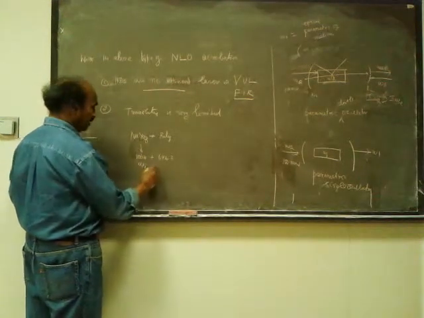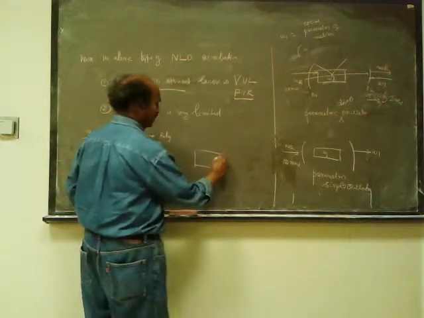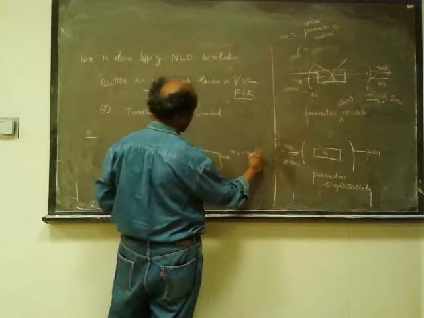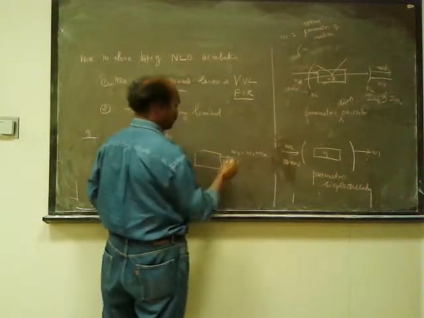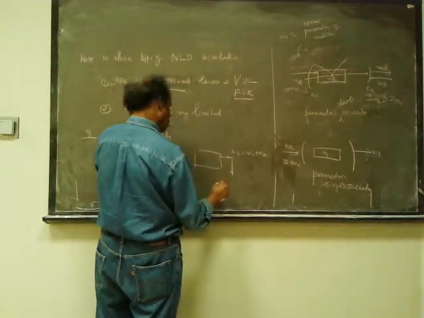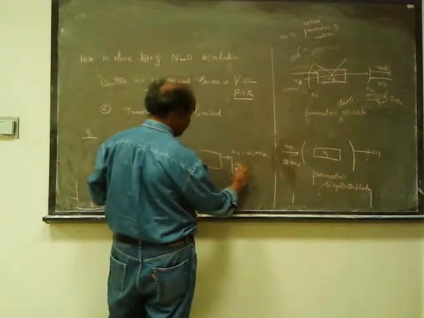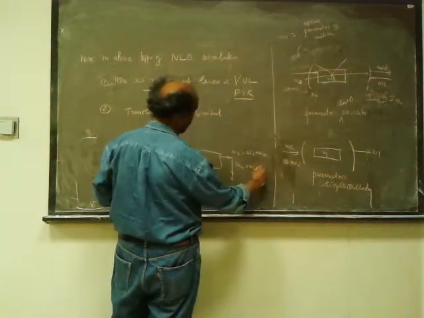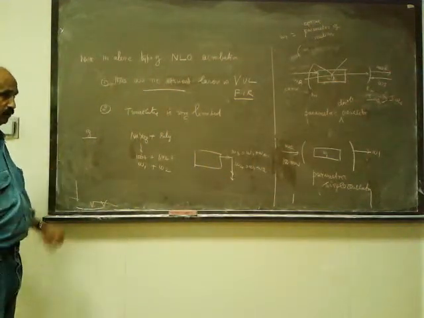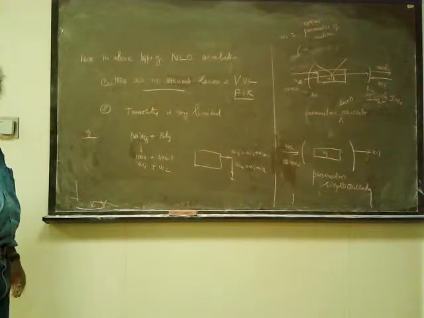This is omega 1. Let us say this is omega 2. Put through a crystal. Then I can get omega 3, which will be omega 1 plus omega 2. Also I can get omega 4, which will be omega 1 minus omega 2. I can play around with the same crystal. Change the crystal.